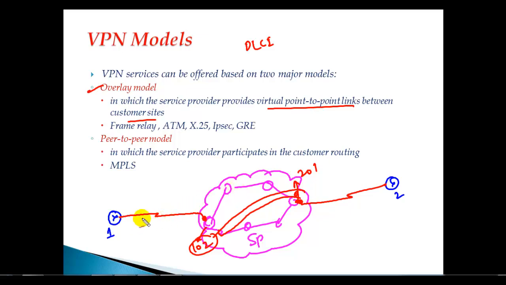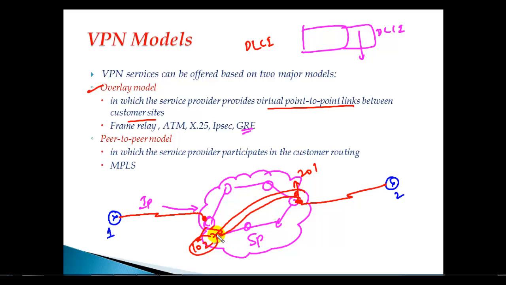The major difference is that the customer traffic enters as a normal IP packet. Once it enters as a normal IP packet, it is encapsulated with some extra added information. In case of Frame Relay, it adds the DLCI values. If you're using GRE tunnels, it adds a source IP and destination IP in the header.